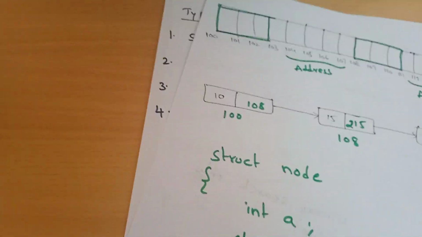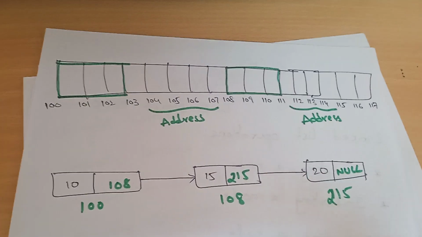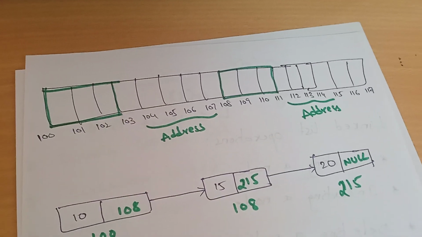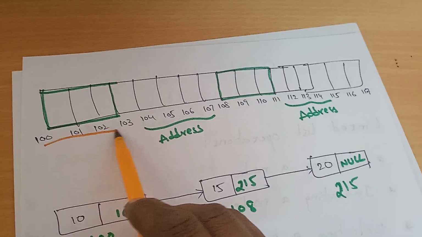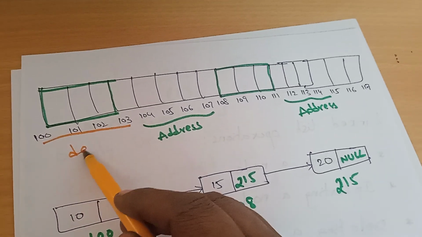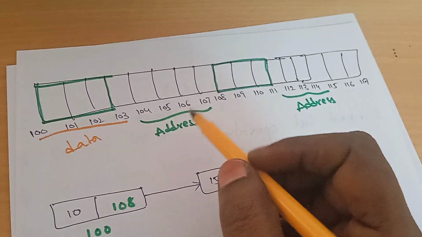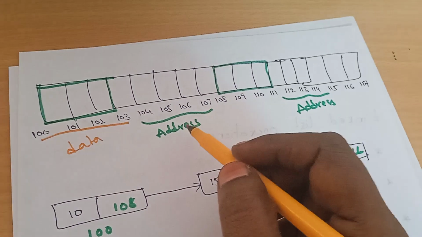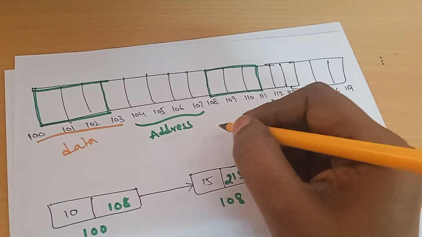Now let's see. So this is, again, a snapshot of memory, or a photo of memory. Now the first 4 bytes of memory are given to store the data, and the next 4 bytes are given to store the address. Why 4 bytes? Because we have already discussed many times, right?